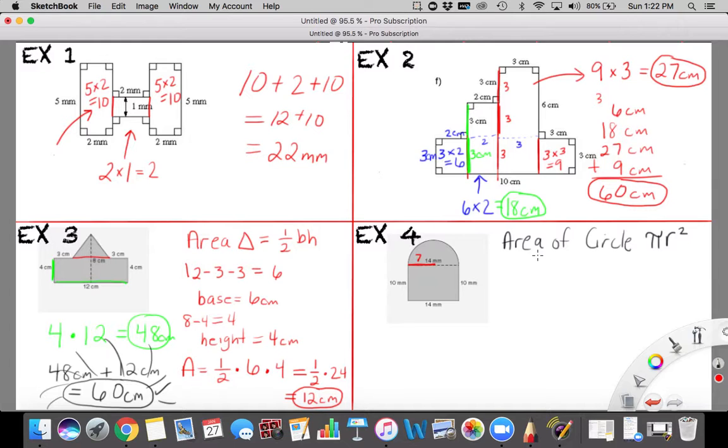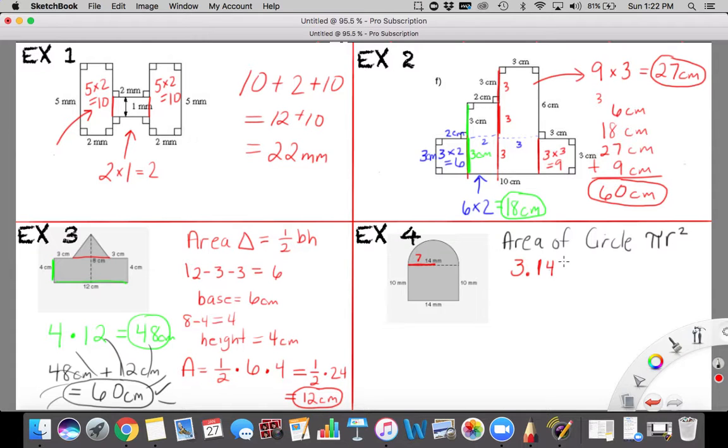So to find the area of the circle, we're going to use 3.14 for pi. Okay, so 3.14. Let me write that again so it looks a little neater. 3.14.